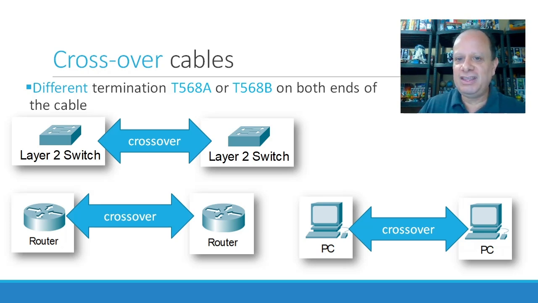You must use different termination on both ends of the cable. For example, T568A on one side and T568B on the other side. However, crossover cables are not considered legacy, as modern NICs can automatically detect the cable type and make the internal connections.